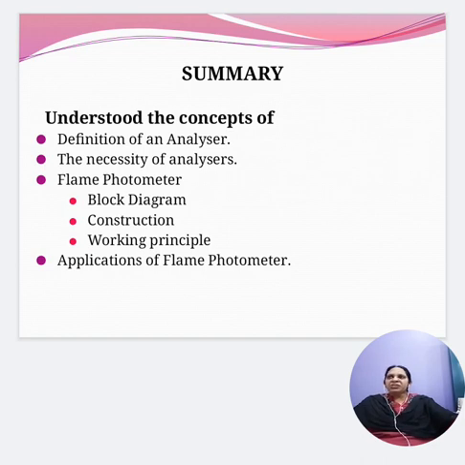The emission system consists of fuel, gases and regulators, atomizers, burner and flame. For fuel, we most commonly use acetylene, hydrogen or propane mixed with oxygen at a pressure of 12 to 15 pounds per square inch.